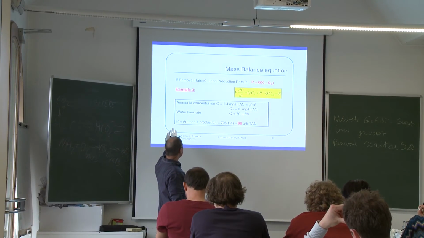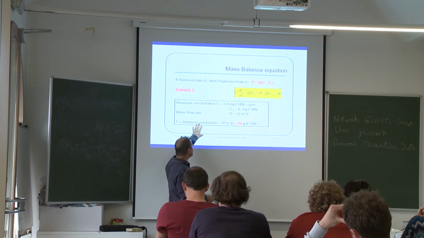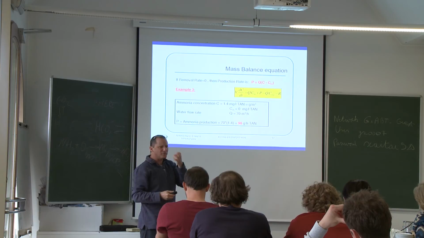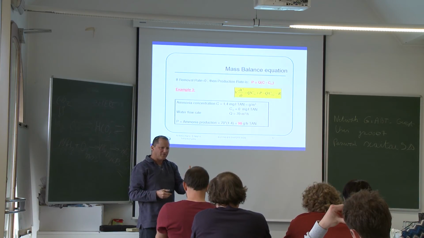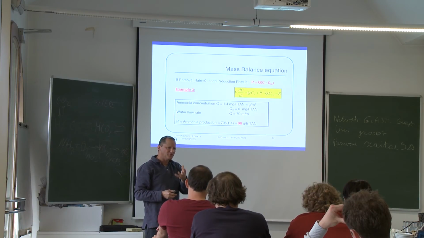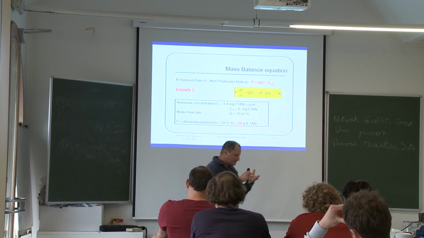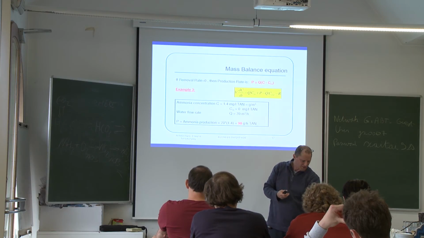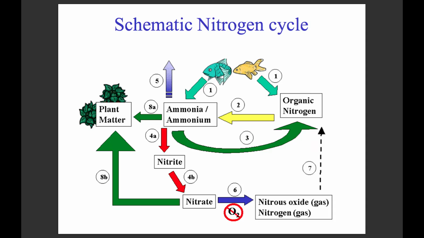So what would be the production of ammonia? That's our question in this case. It would be 98 gram per hour. We can now quantify that. We know how much we need to treat. We know the quantity, so we know how many bacteria we need there, how much biomass, what the sizes are, and what aeration it's going to take to get there. And that's the idea.